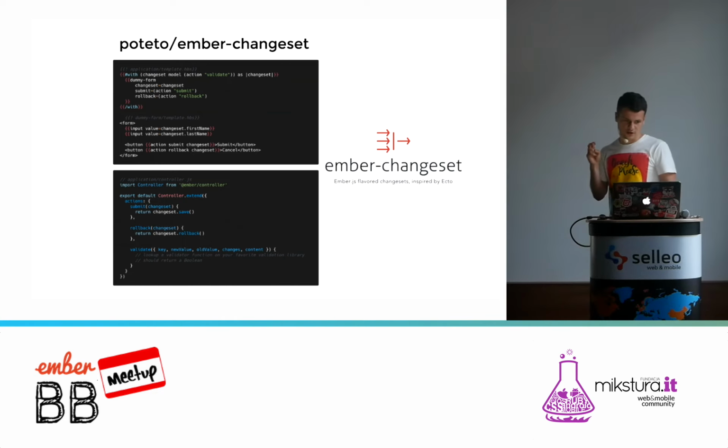Changeset creates a copy. It can roll back the changes on the model. So every time you think about forms together with Ember Data, think about this add-on. It will save you a lot of time.